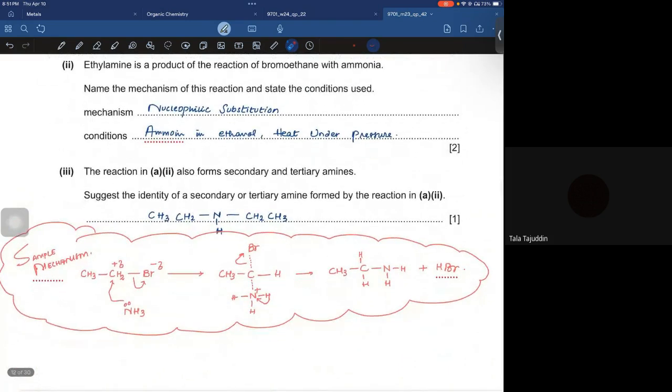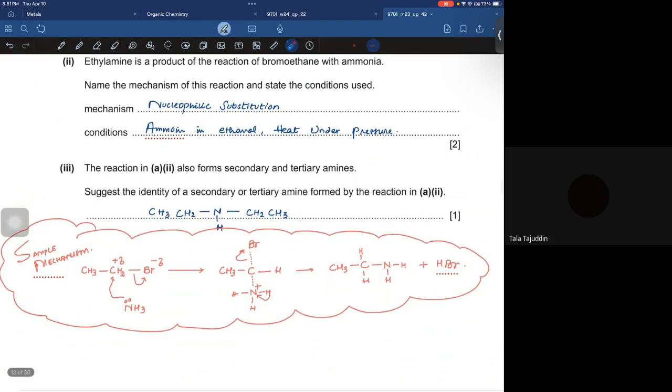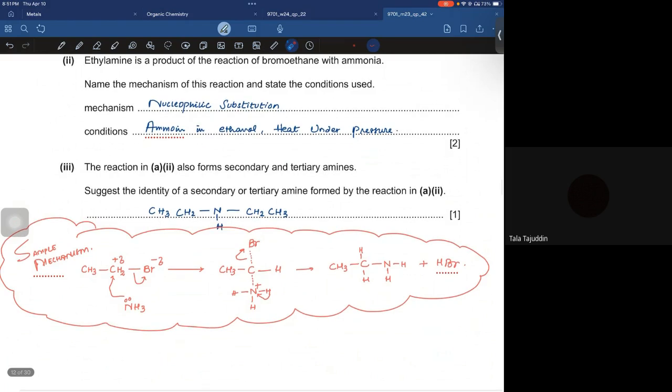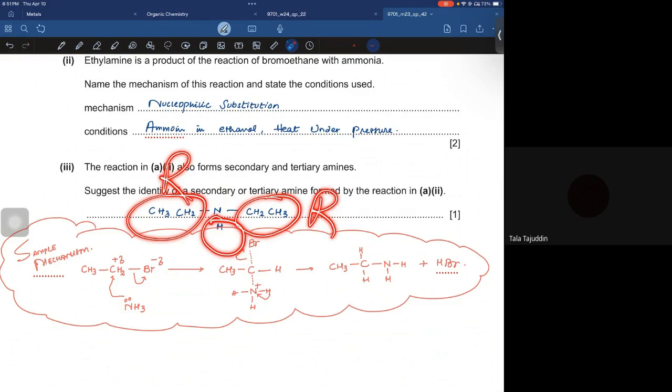The reaction also forms secondary and tertiary amines. Give the identity of a secondary or tertiary amine formed by the reaction in A part two. So this is your secondary amine, in which you can see two R groups with this nitrogen atom and one hydrogen atom.